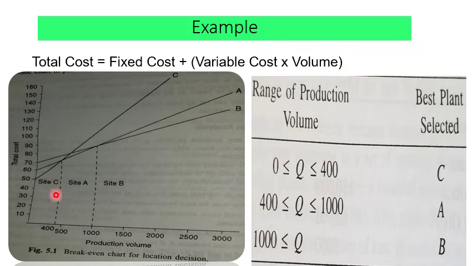It varies with the volume of production, as you see from this graph. With different volume of production, we can select different locations, because the total cost varies.